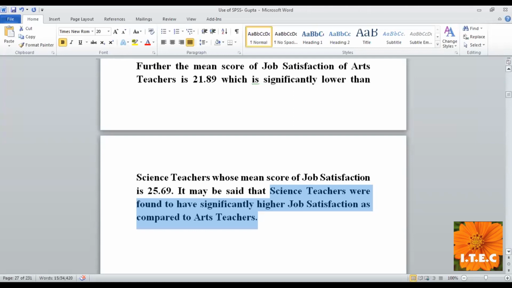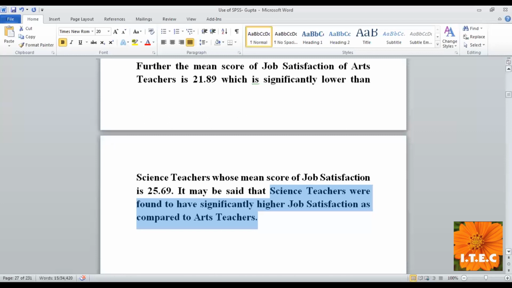So I have taken two examples. One, when your value was not significant, and another when your value was significant. Now I'm taking the directional hypothesis.